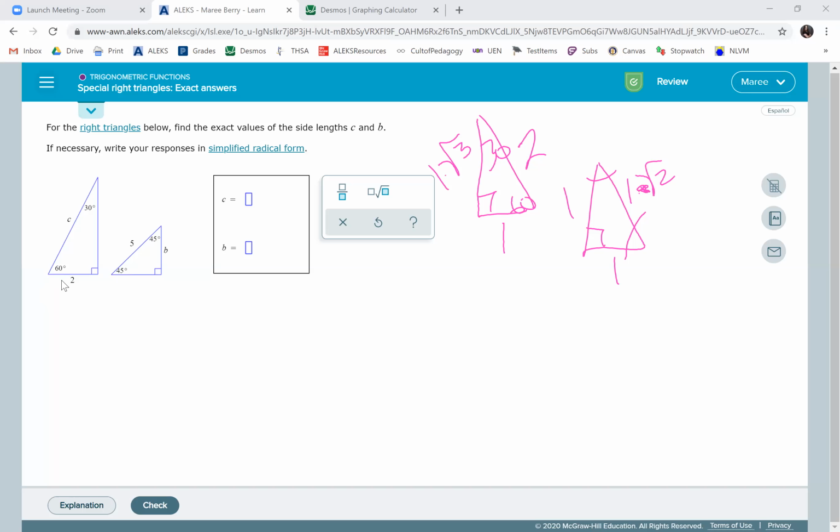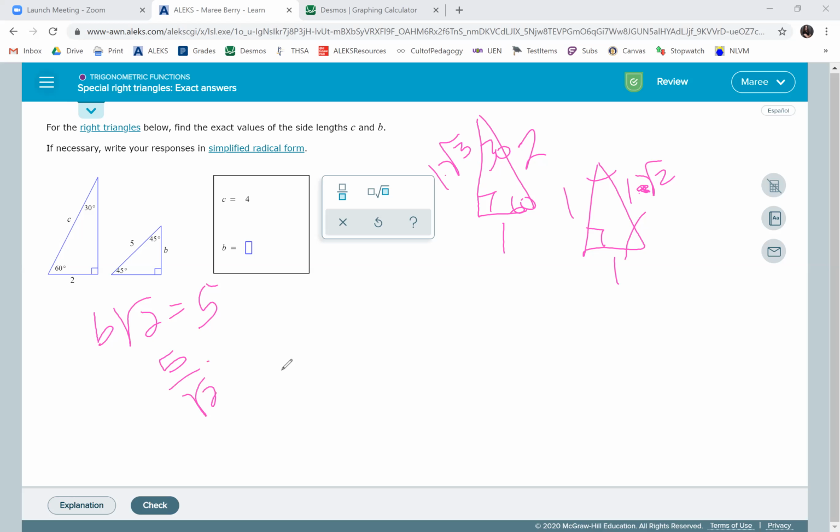Because this is a 30-60-90, they give us the short leg. We just have to double it to get the hypotenuse, so this is going to be 4. And then this hypotenuse 5 is just b times the square root of 2. If it makes more sense, just write b times the square root of 2 equals 5, and then you can divide 5 by the square root of 2.